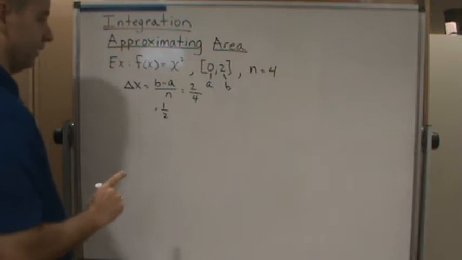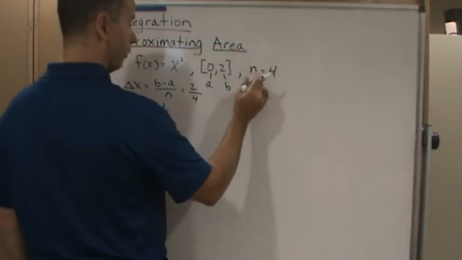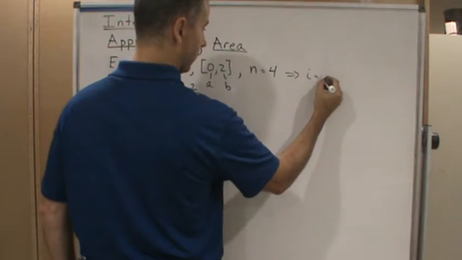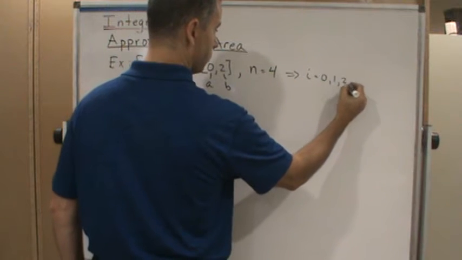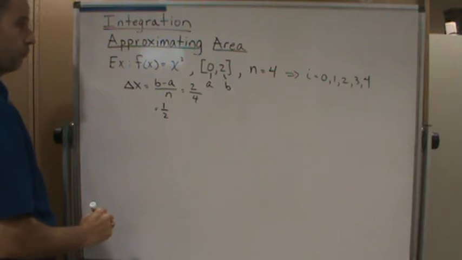Now that gives me what my x values need to be. This implies that i is going to go from 0, 1, 2, 3, and 4.